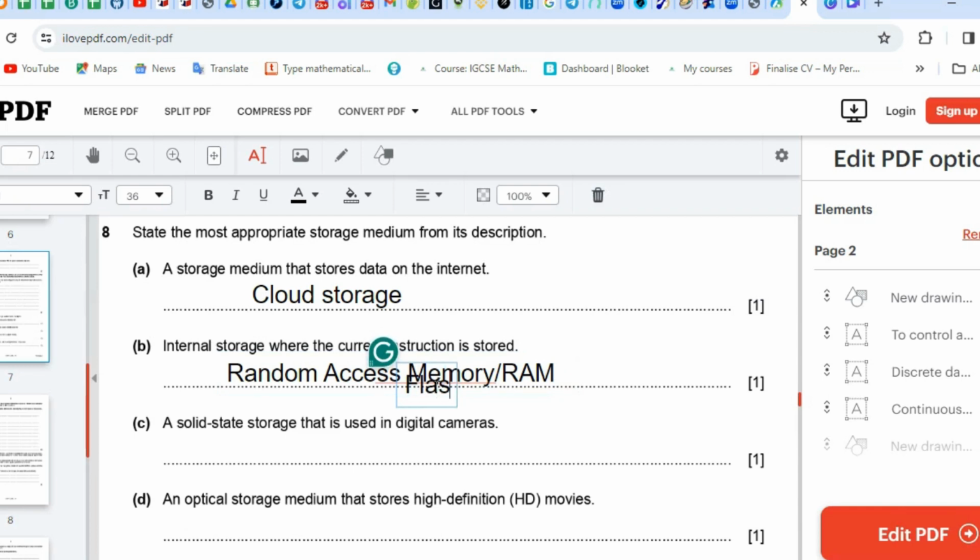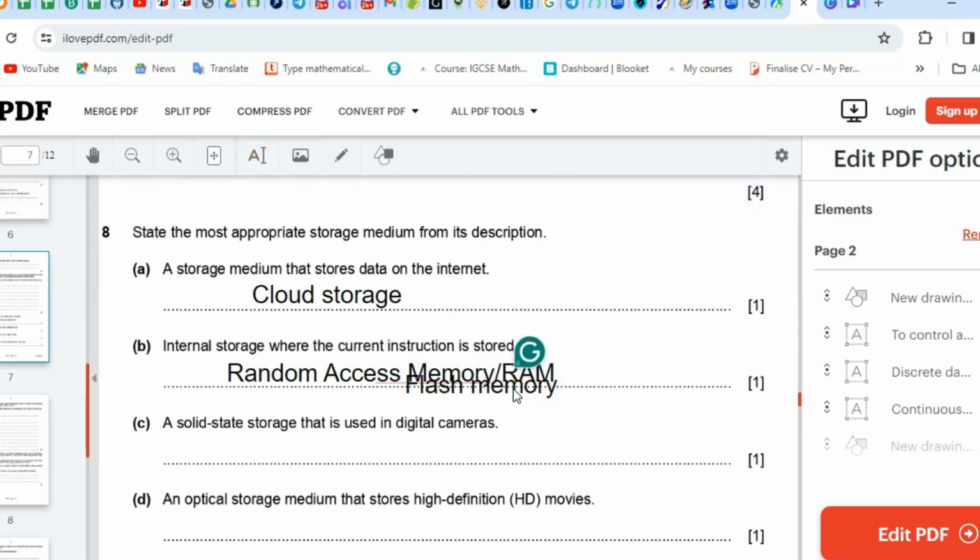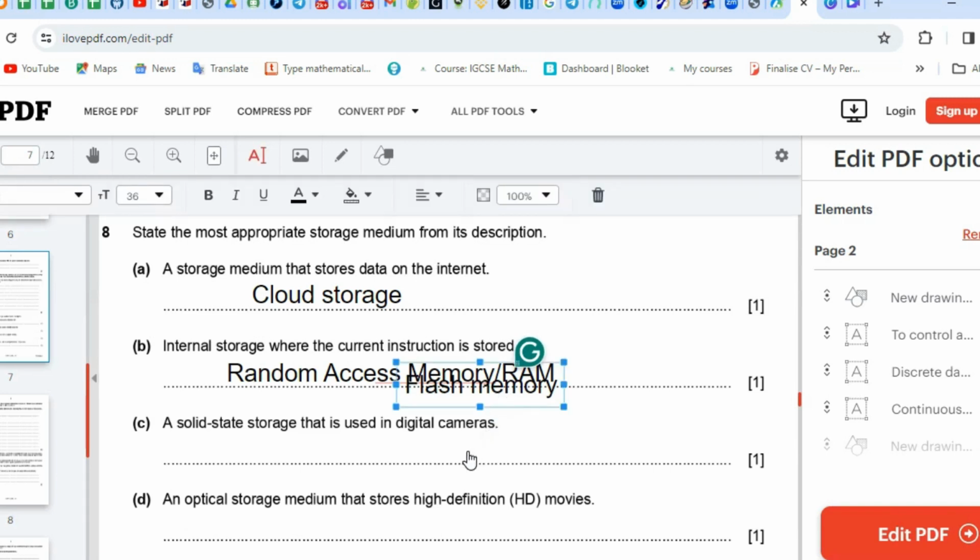Or you can call it SD. You know SD? Yes, we call it SD card. Or you can call it flash memory. Whichever one you choose is the correct answer. So that is what you store a digital camera's storage in, flash memory or SD.